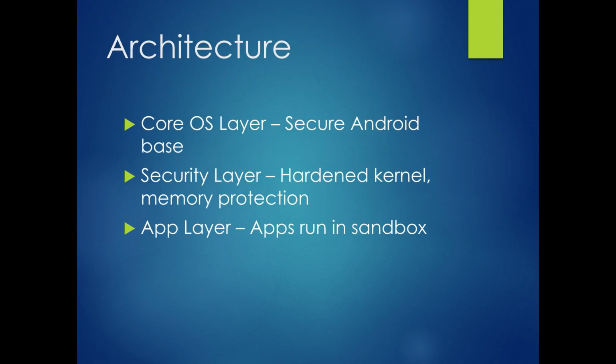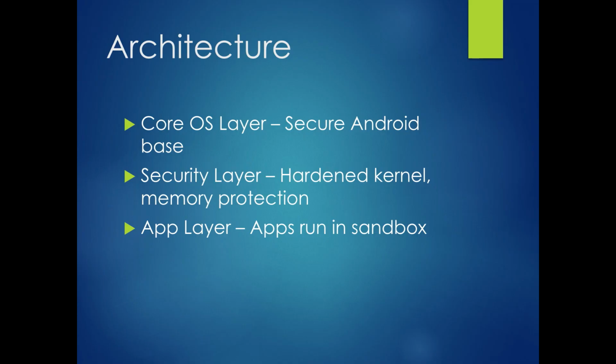The architecture is like this: core OS layer, which is a secure Android base. Then the security layer, which is a hardened kernel with memory protection. The app layer is where apps run in a sandbox environment. You can think of the core as Android, optimized and modified for security and privacy.